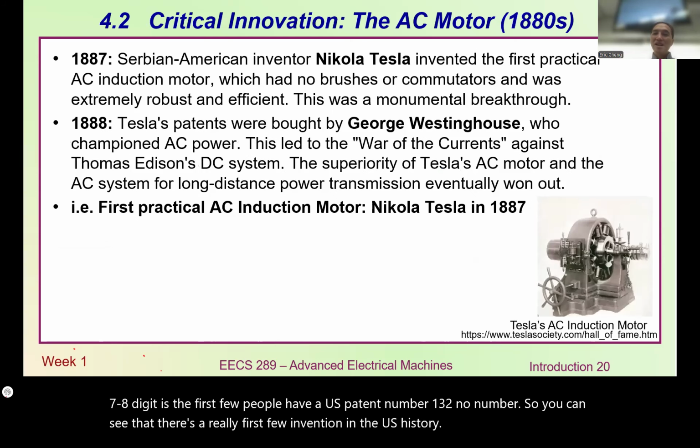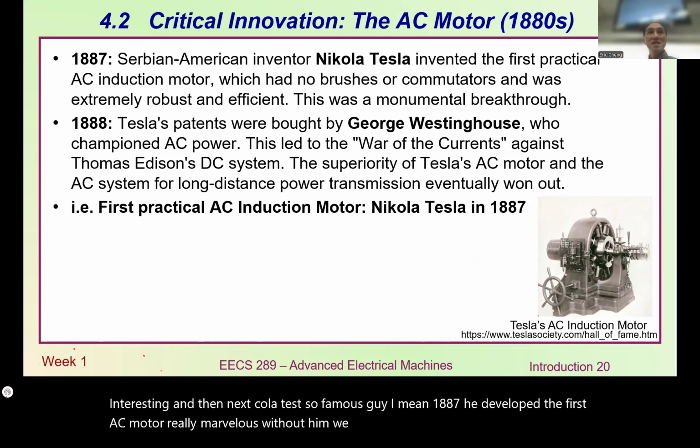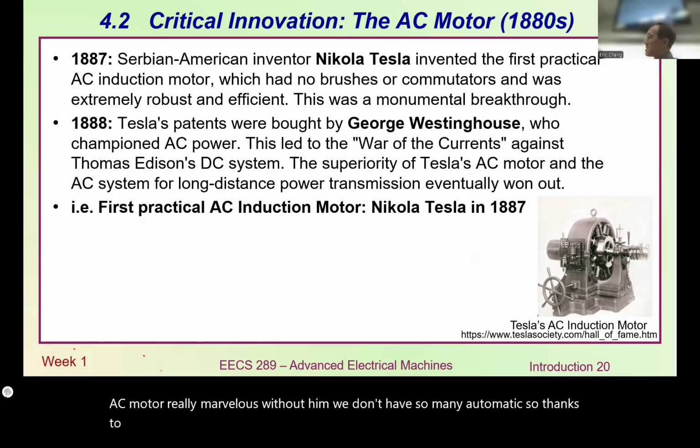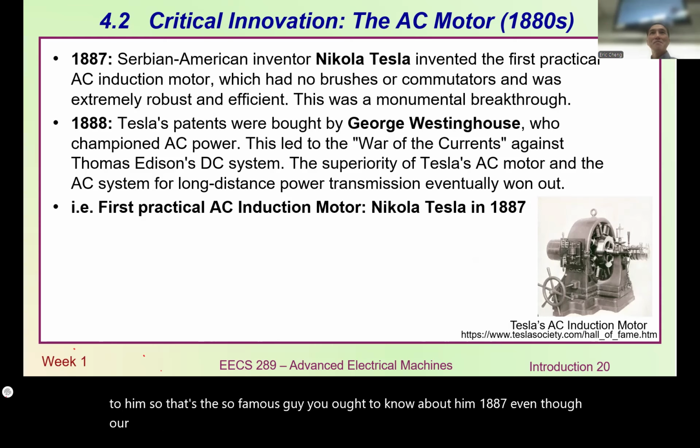Interesting. And then Nikola Tesla, such a famous guy. In 1887, he developed the first AC motor, really marvelous. Without him, we wouldn't have so much electromagnetic technology. So thanks to him. Tesla is such a famous guy, you ought to know about him. Even our EV brand Tesla is named after him.